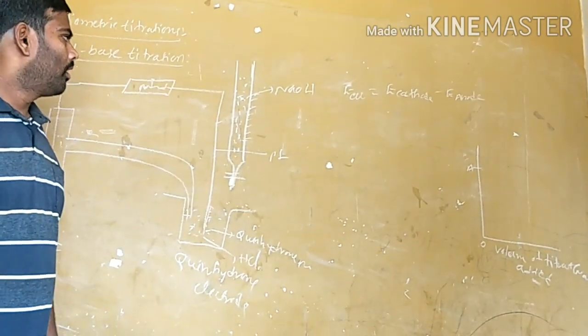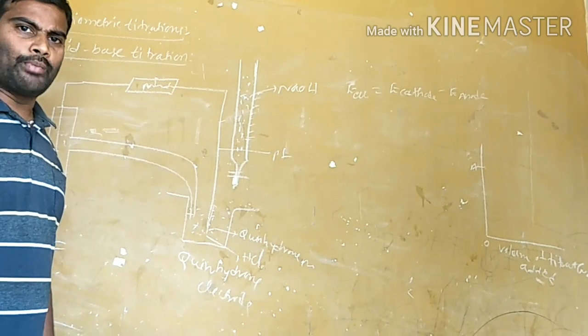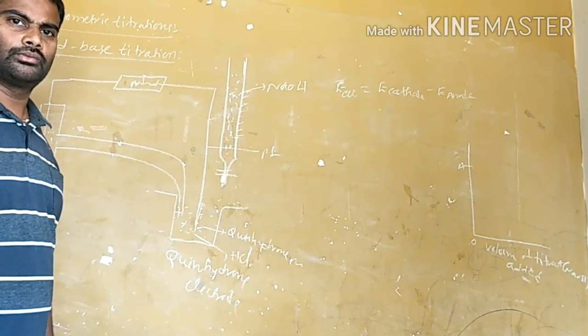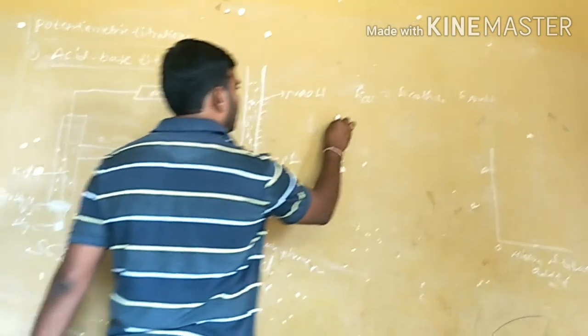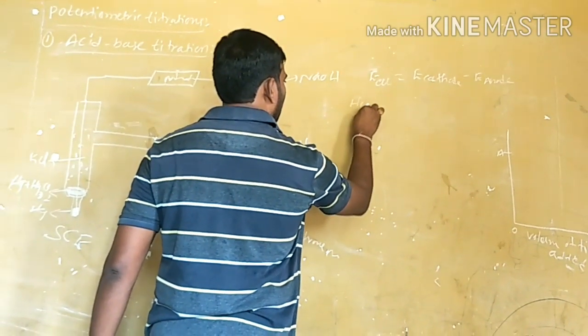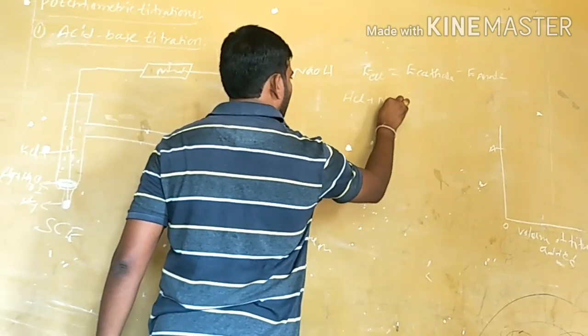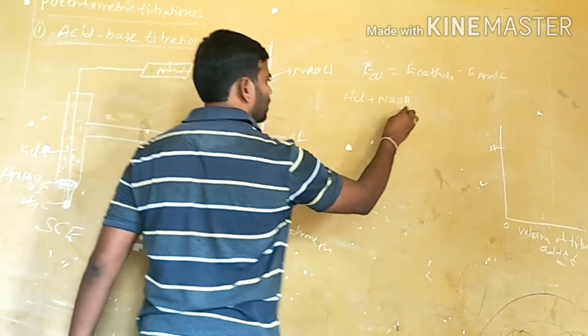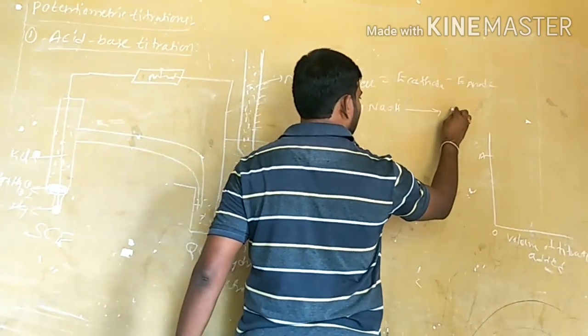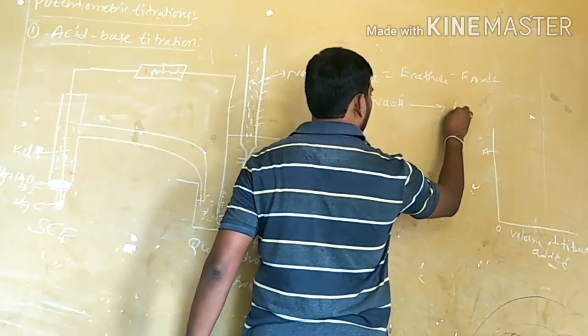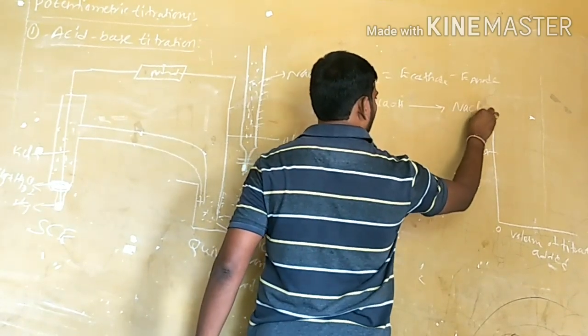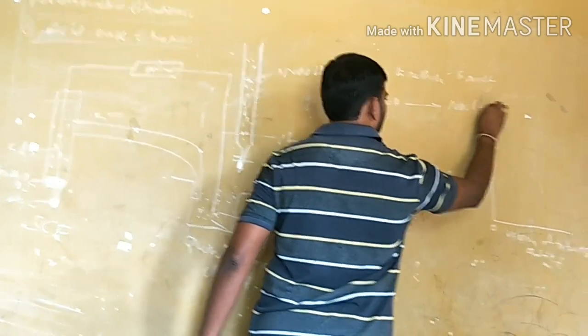Now, by the gradual addition of this base to the acid, we are adding NaOH to the acid solution. In this type of reaction, there is a formation of sodium chloride and water molecule.